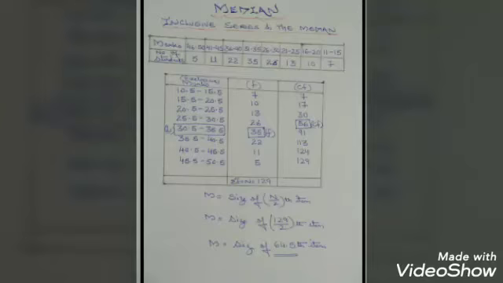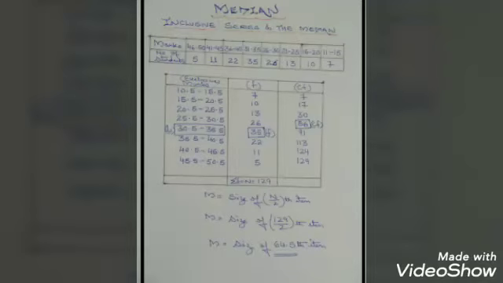To convert an inclusive series into an exclusive series, as I explained before, you have to check the class interval. The first class interval is 46 to 50 and the second is 41 to 45.